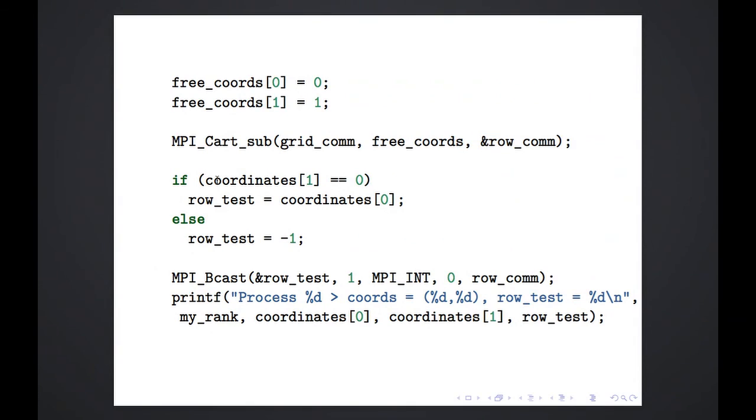First of all, if my coordinates are 0, then I specify this as an item which has to be sent. Otherwise, I make it -1. So then, for the broadcast to work, the row test has to change from -1 to whatever I'm broadcasting. So I call MPI broadcast, and then I print things out to make sure that everything checks out.